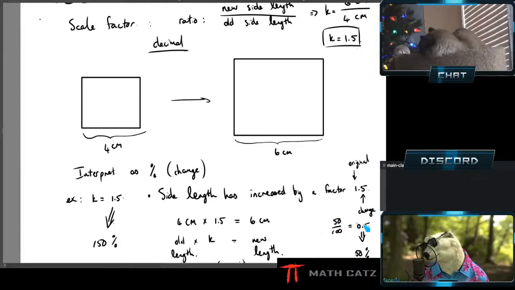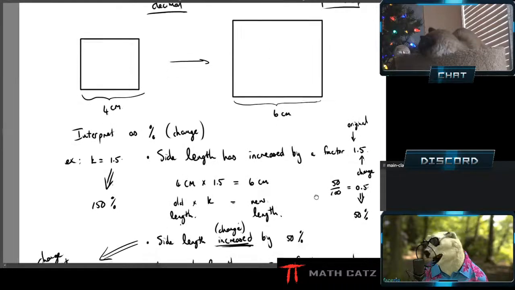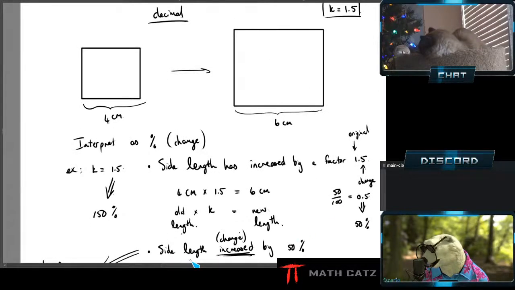So first of all, I can focus on the change amount, and the decimal version corresponding to the change is 0.5. The percentage corresponding to the decimal 0.5 is 50%. So I can say that the side length changed or increased by 50%.